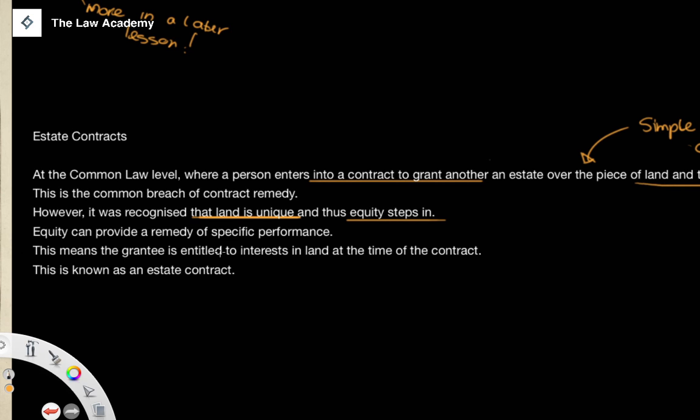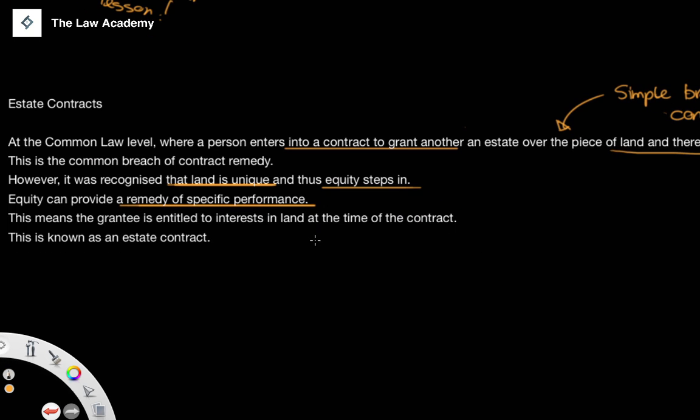And equity can provide a remedy we call specific performance. This effectively means the grantee, the person who is receiving the estate, is entitled to interests in land at the time of the contract. So even at the common law level, an agreement is made, but the interests are not granted until the land is transferred.